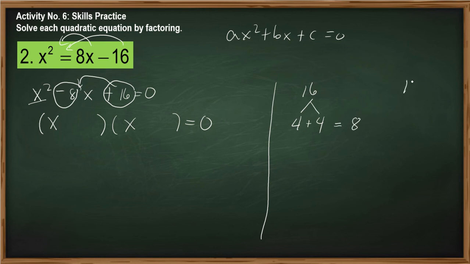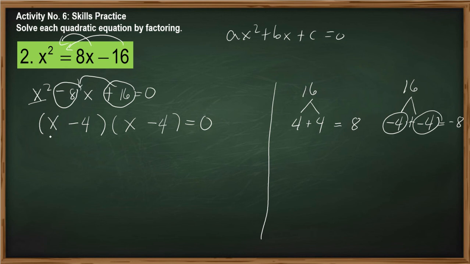So we think of other factors of 16. We can have negative 4 times negative 4. Kasi nga, negative 4 times negative 4 equals 16. Pag i-add natin silang dalawa, equals negative 8. Okay? So ito ngayon ang gagamitin natin na factors. So we have x minus 4, x minus 4.